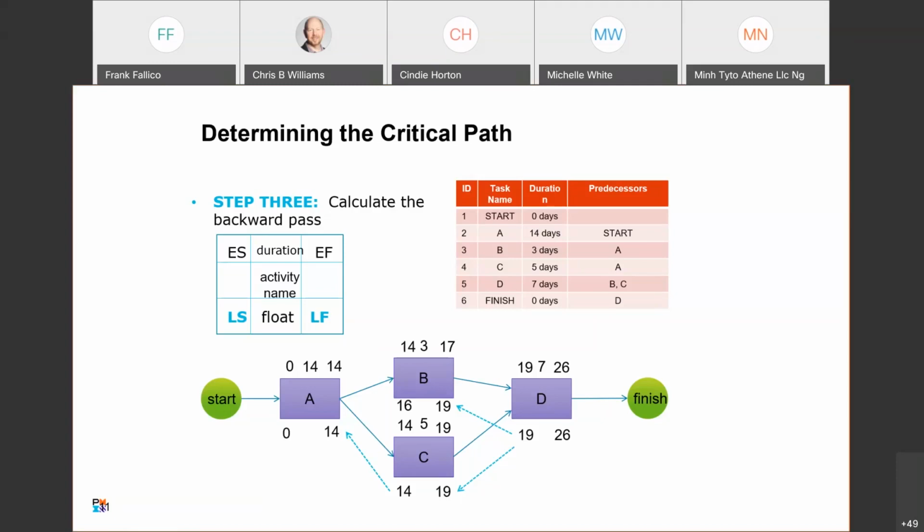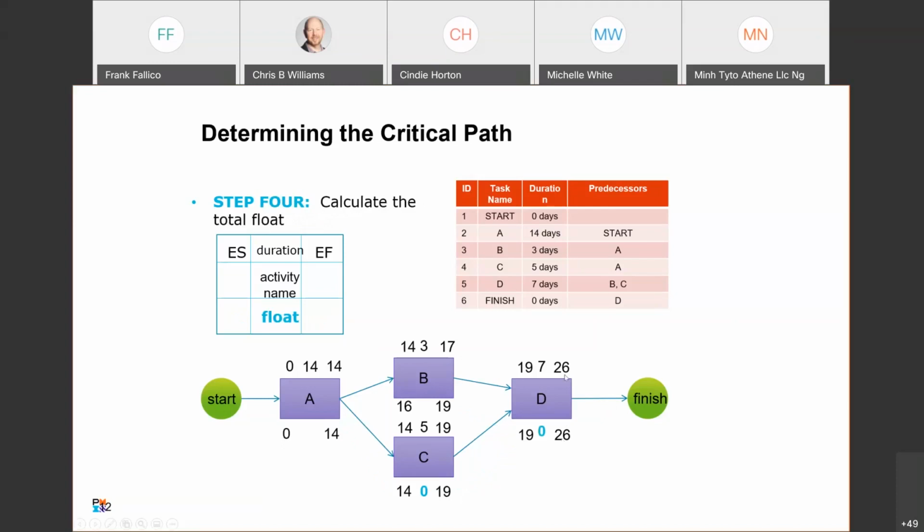Okay, so now we've done our forward pass and our backward pass, and now we can determine what the float is for each of these as well. Okay, and our float becomes the difference between our early finish and our late finish, right?